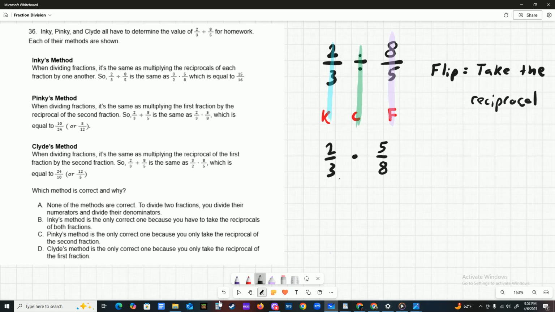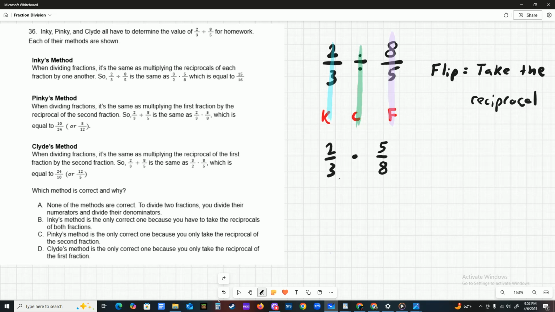All right, so let's read these guys' methods. Each has their methods shown. Inky says this. When dividing fractions, it is the same as multiplying the reciprocals of each fraction by one another. So 2/3 divided by 8/5 is the same as 3/2 times 5/8, which is equal to 15/16. Well, that's not correct because it's not multiplying the reciprocal of each fraction.